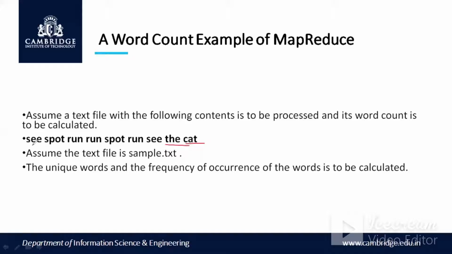You can see here there can be 5 reducers, with the words see, spot, run, the, and cat. Each reducer will have the aggregation of the word see, the word spot, the word run, the word cat, and the word the. That is the reducer's job.